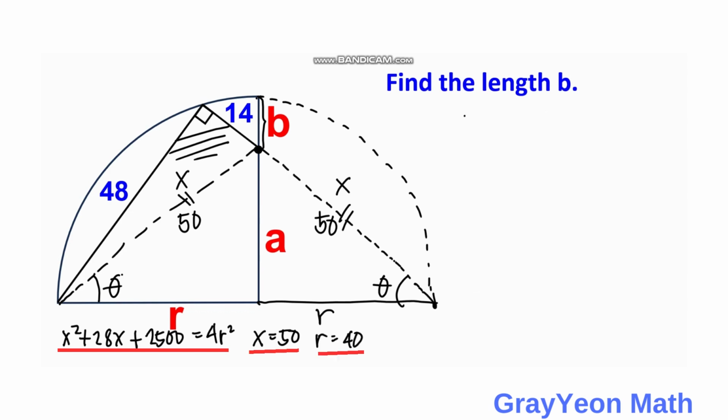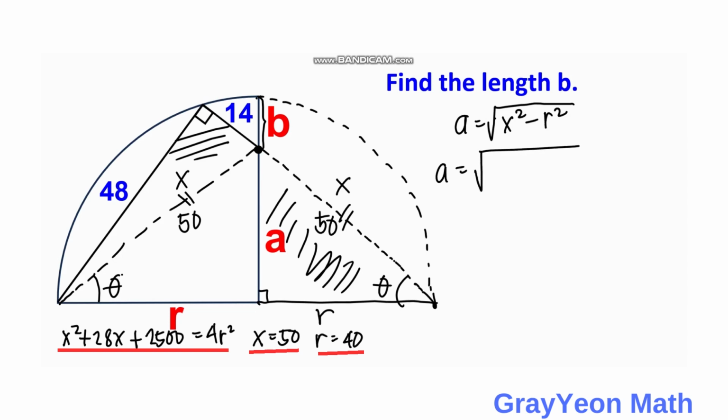Okay, so next we use this right triangle. This is actually a right triangle. And we use that to find the value of a. So a is equal to the square root of x squared minus r squared. So a is equal to the square root of 50 squared minus 40 squared.